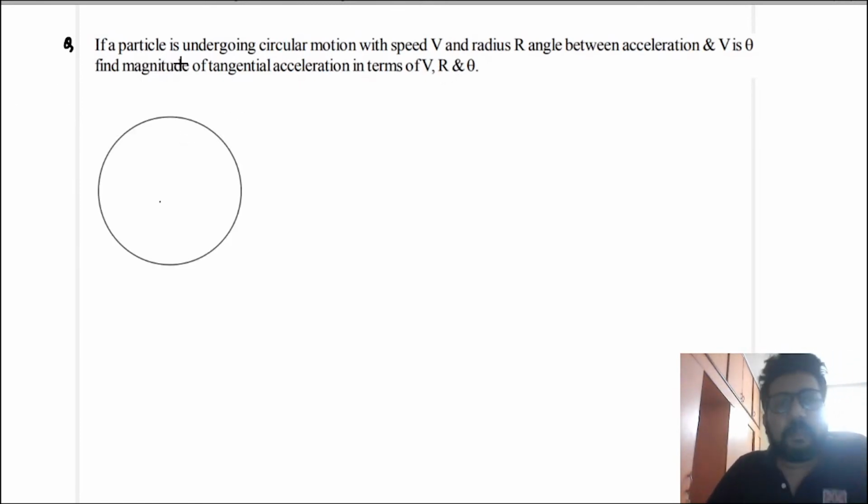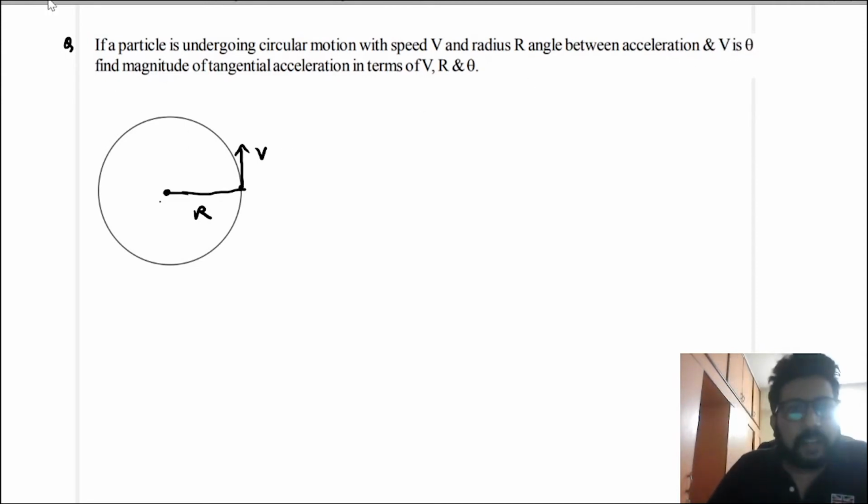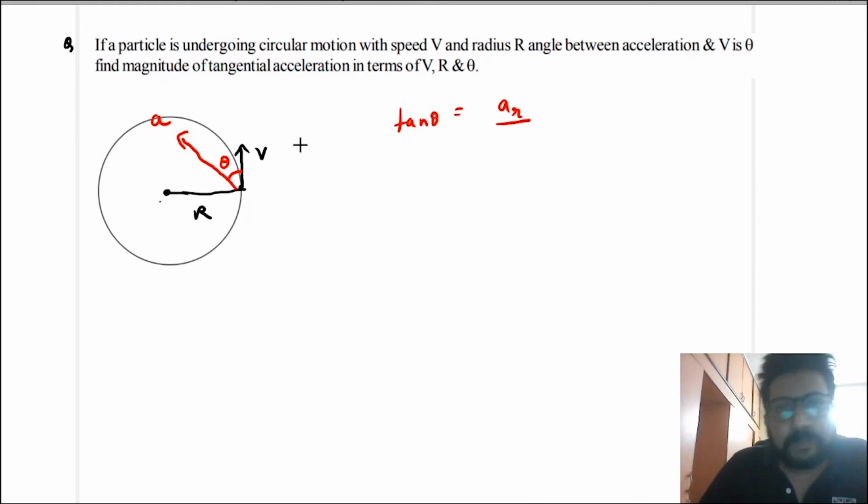So this is the circular motion with speed v, radius r, and the angle between velocity and acceleration is theta. Let us assume that this is the total acceleration, and this angle is given as theta. Clearly you can see that tan theta has to be equal to AR by AT.